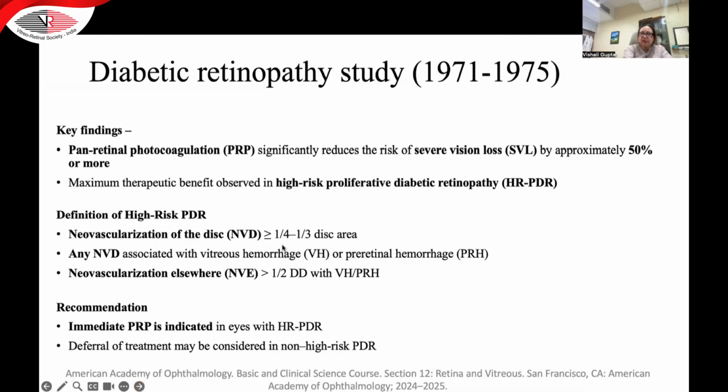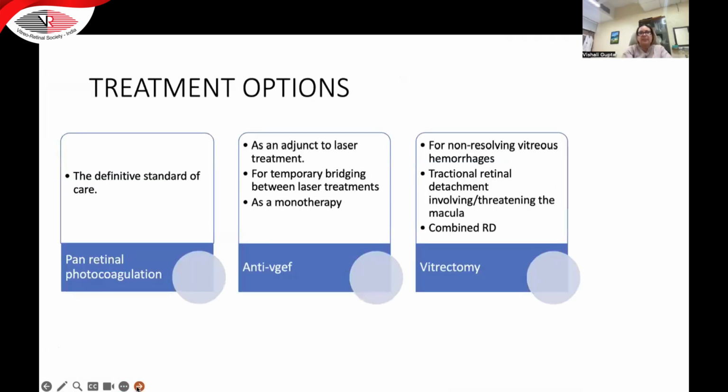If you have NVD which is more than one-fourth to one-third disc area, any NVD associated with vitreous or preretinal hemorrhage, or NVE which is more than half disc diameter, associated with vitreous hemorrhage and/or preretinal bleed. If you have any of these characters, this needs immediate PRP. And if you do not do it, there is a very high risk of going blind or legal blindness.